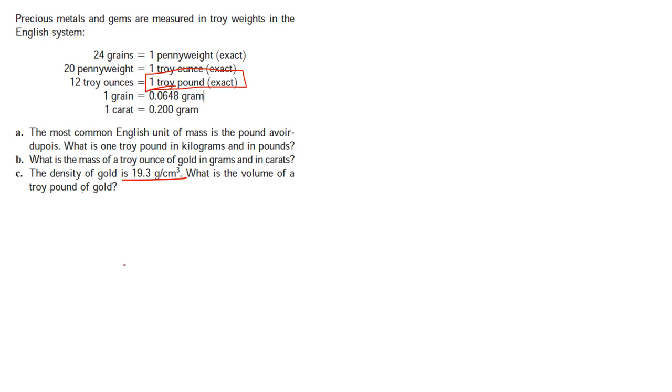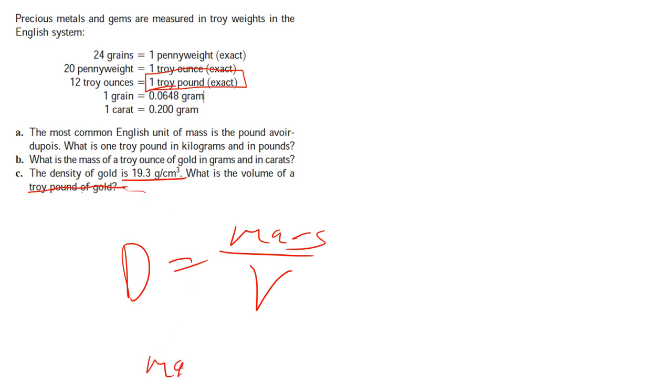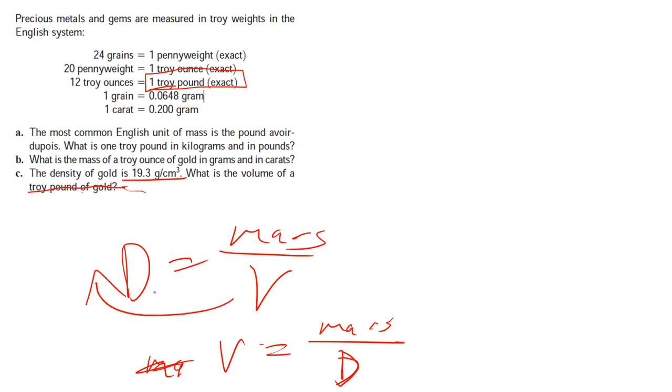I haven't taught you this, but density is just mass over volume. They give you the mass, 1 troy pound of gold. They want you to find volume, and they give you density. So volume is just equal to mass divided by density, because you multiply V on both sides and divide by D.